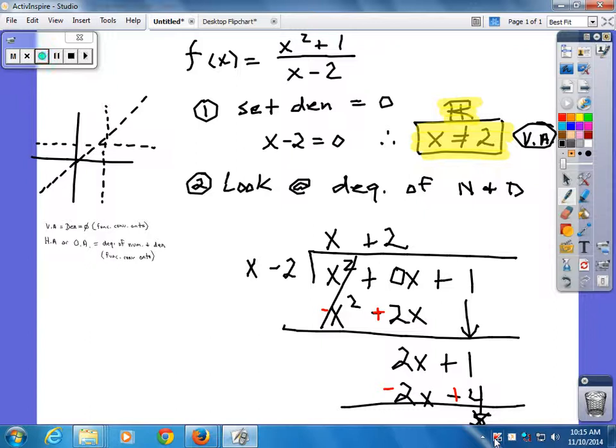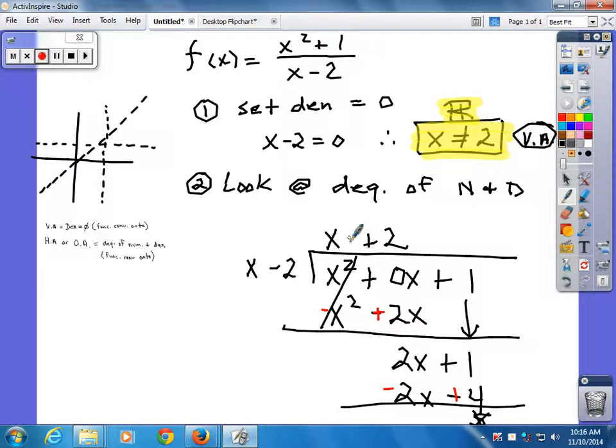So if the numerator has a higher degree, then pretty much, most of the time, unless you come up with a number up here, you might just come up with a 2. And if you come up with a 2, then that's a horizontal asymptote. All right, so your oblique asymptote is x plus 2.